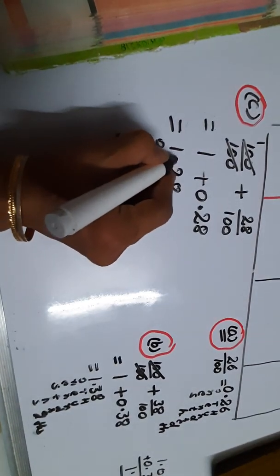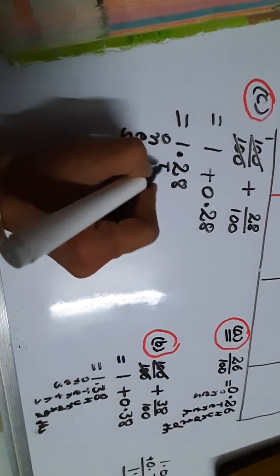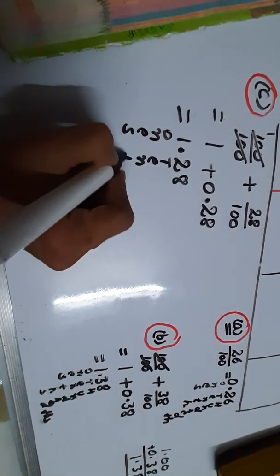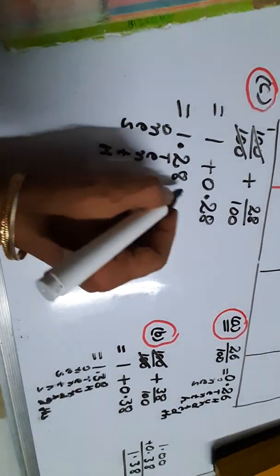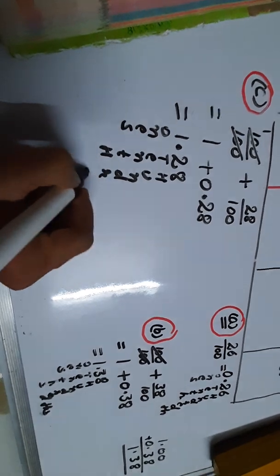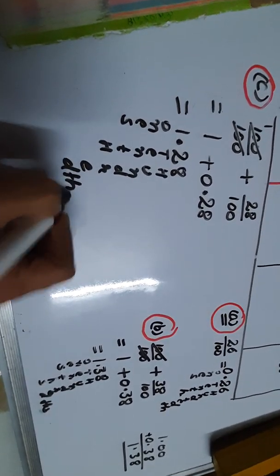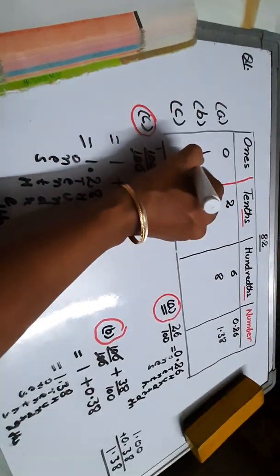Now, on the left hand side of the decimal, we have ones place. This is the decimal point. Then on the right hand side of decimal, first place is 10th place. This is 10th place. And after 10th place, we have 100th place. So, at ones place, we'll fill 1.